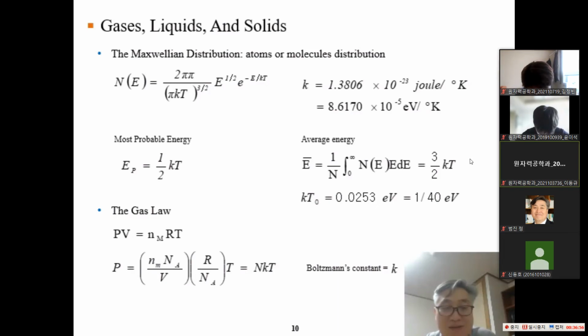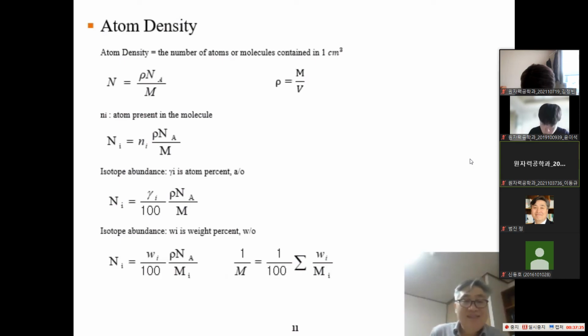When you rearrange this equation with respect to p, that means we divide both sides by V. Then we can arrange it like this. k means the Boltzmann constant, and n means number density. N is number density.